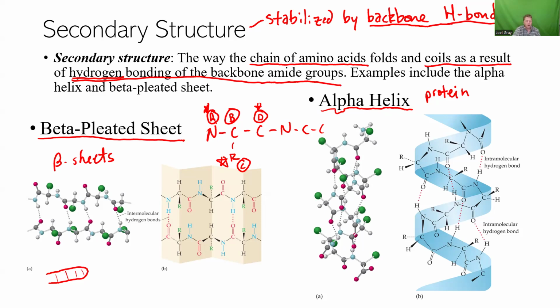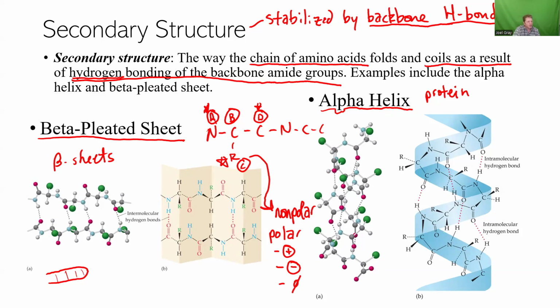So if you remember, the R groups were classified into a couple of different organizations. They were nonpolar, polar positive, polar negative, and polar uncharged. So those were basically our four major groups.